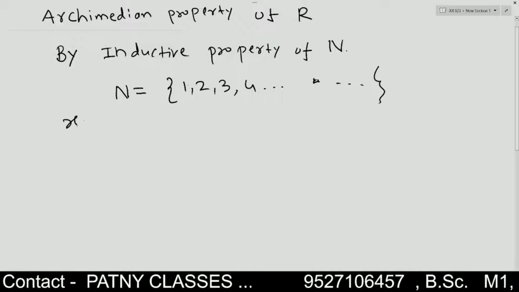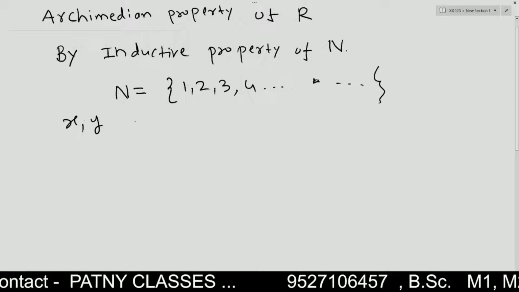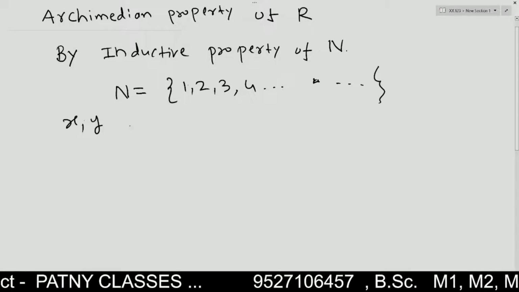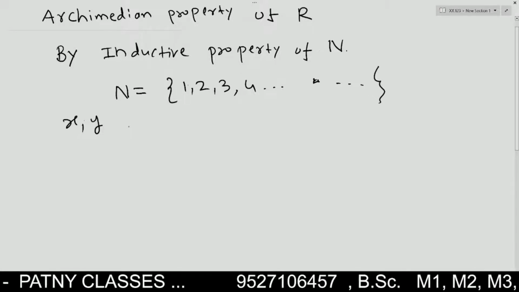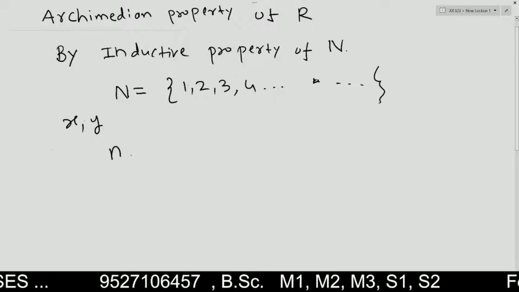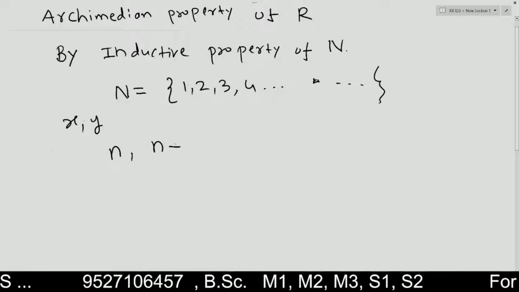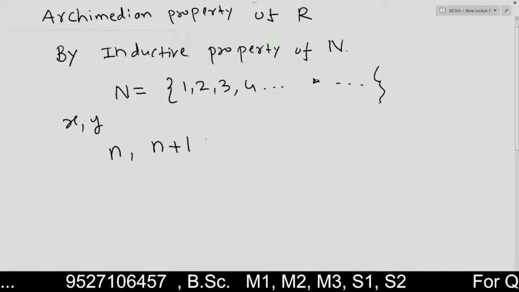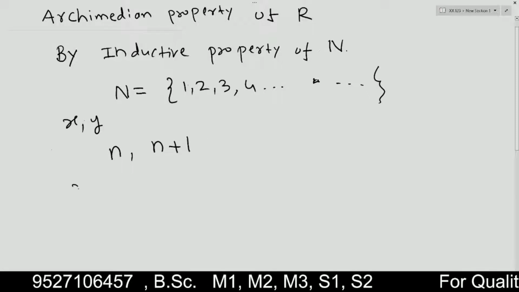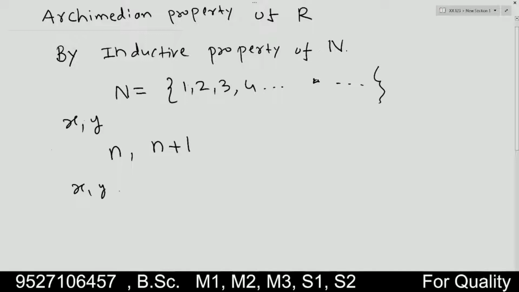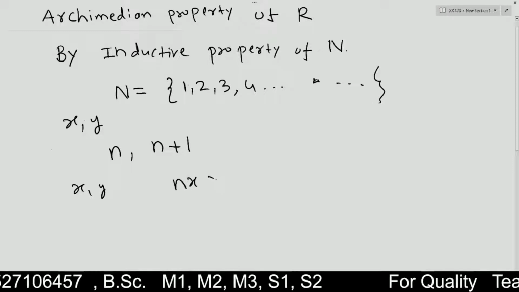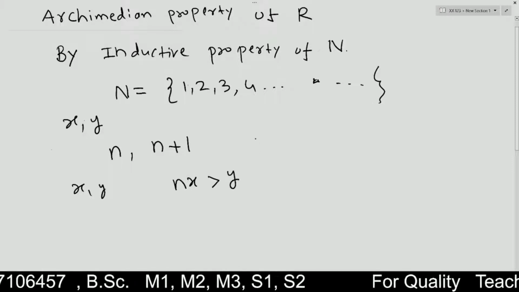Now consider any two numbers x, y, where x is a natural number, y is any real number. Now consider two natural numbers n and n plus 1, and we already know that if x, y are the two numbers given, then we can write nx greater than y.